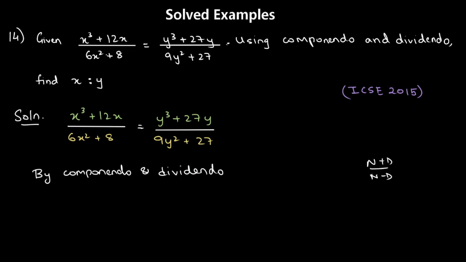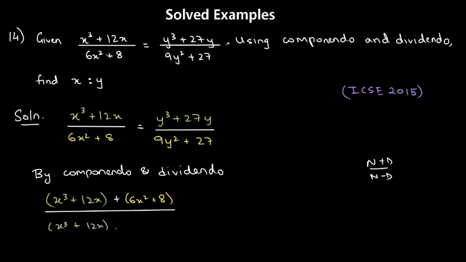So by componendo and dividendo, numerator plus denominator: x cubed plus 12x plus denominator, which is 6x squared plus 8, divided by, again, numerator minus denominator, so x cubed plus 12x minus (6x squared plus 8). So that's numerator plus denominator upon numerator minus denominator on the left hand side.